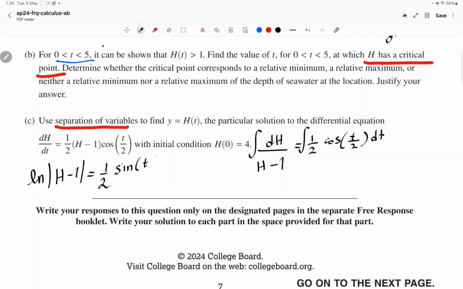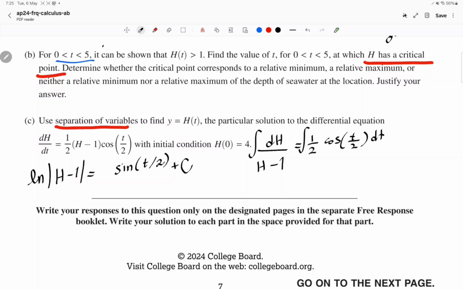Sine of t over 2 divided by the derivative of t over 2, which is half. They cancel, because the 2 on the bottom with the half will simply cancel. Yeah, we're good. Plus c, of course.